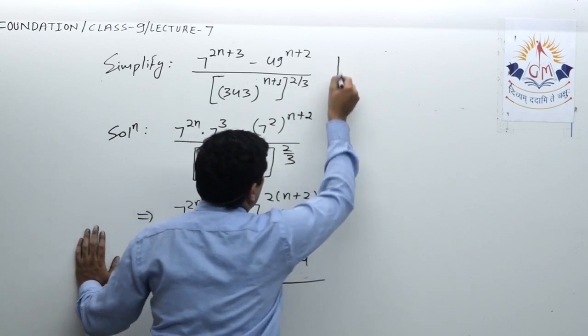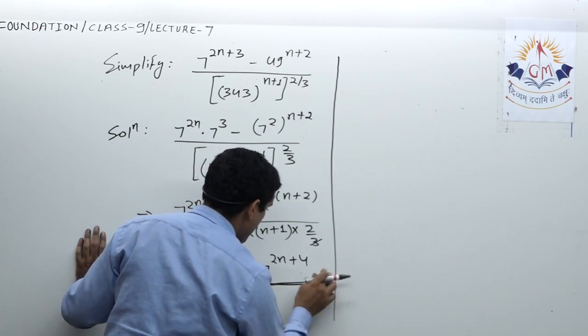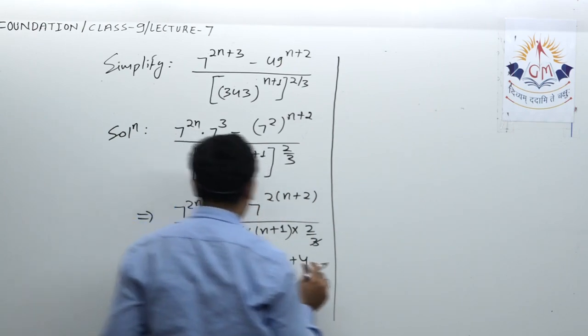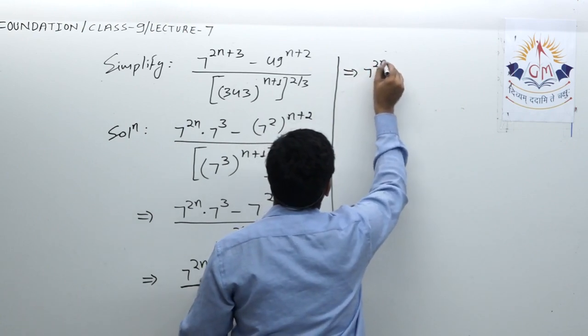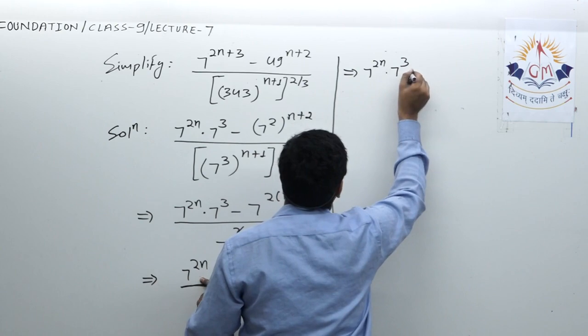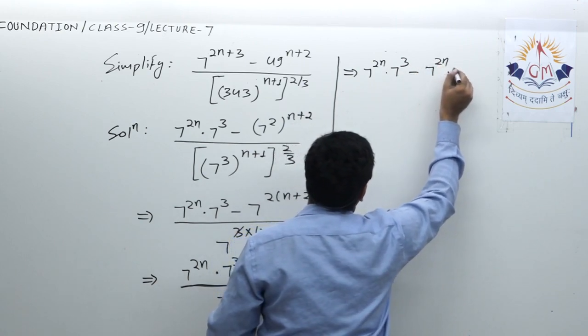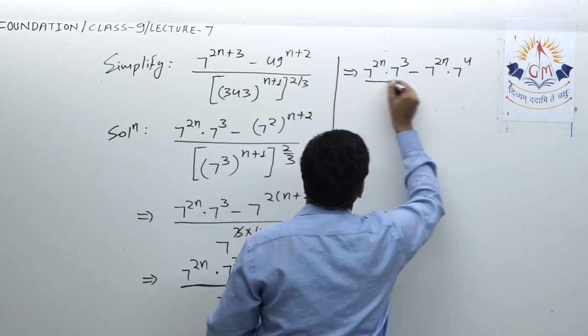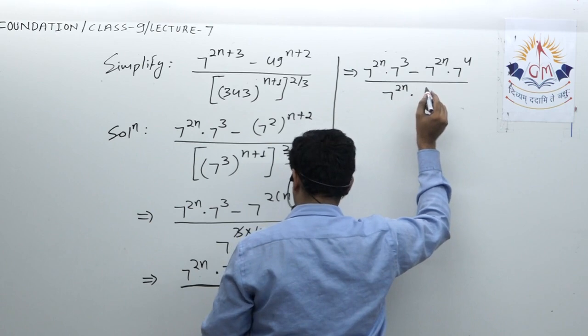Now let us simplify it further. It is 7 raised to 2n into 7 cube minus 7 raised to 2n into 7 raised to 4, divided by 7 raised to 2n into 7 raised to 2.